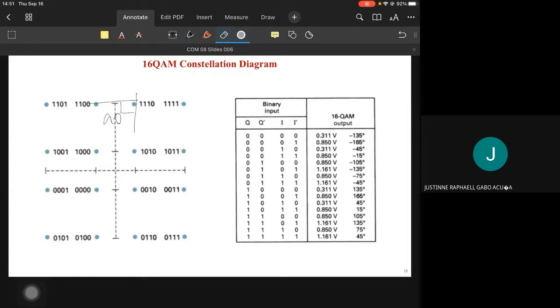So ito, 1, 0, 1, 1, dala 0.85 sine omega t plus 15, which is this one, that one. Sabot na, guys. Dili na lisod tan-awon this time ang constellation diagram, dili na libog.